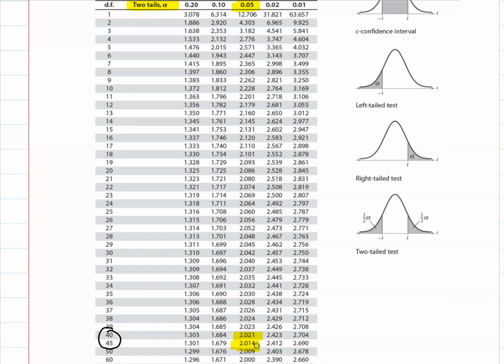So our critical value is going to be something in between these two numbers, what's given for 40 and 45. But to be able to find it, we're going to have to use our calculator, since our degrees of freedom does not show up explicitly on our t-distribution table.